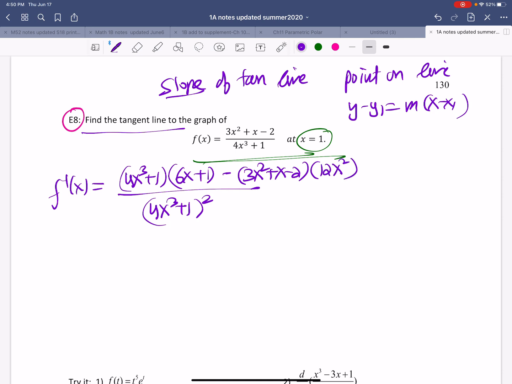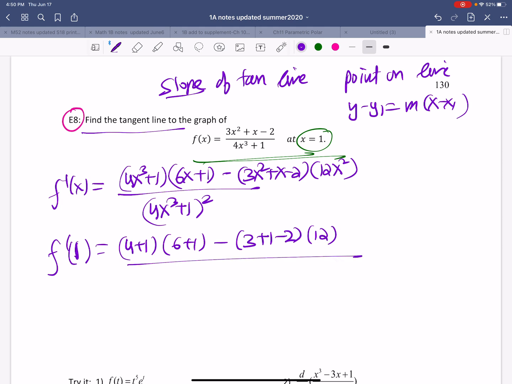12x squared. Okay, now I don't need to bother to simplify at all, because I can just go ahead and plug the point x equals 1 in here. That's going to make my life easier. If I plug x equals 1 in here, this turns out to be 4 plus 1 times 6 plus 1 minus 3 plus 1 minus 2 times 12 over 4 plus 1 squared.